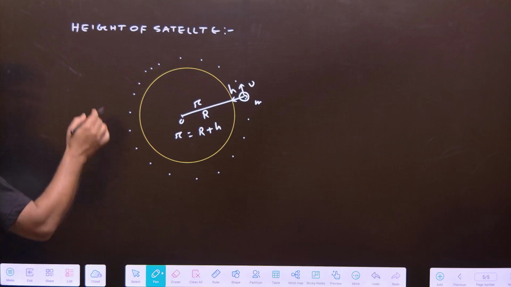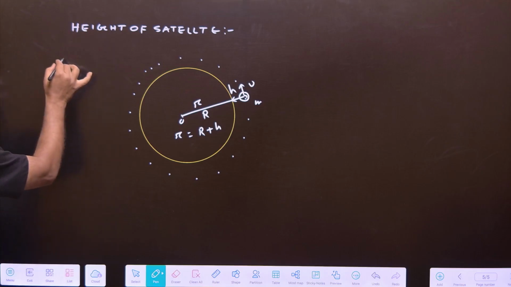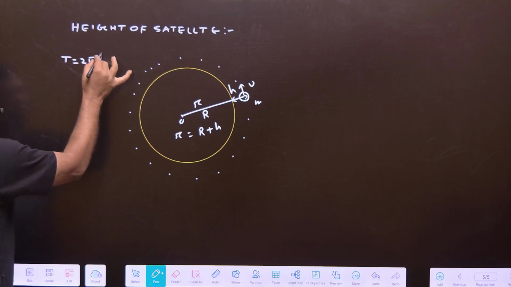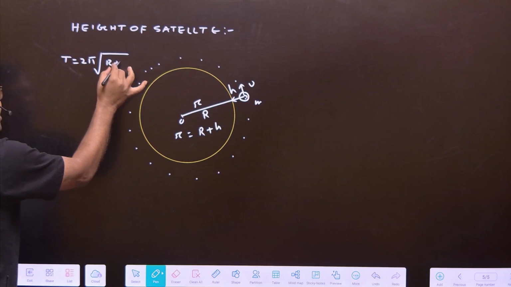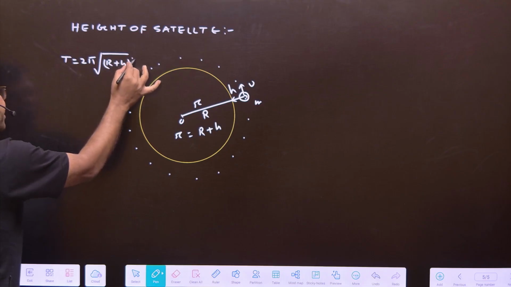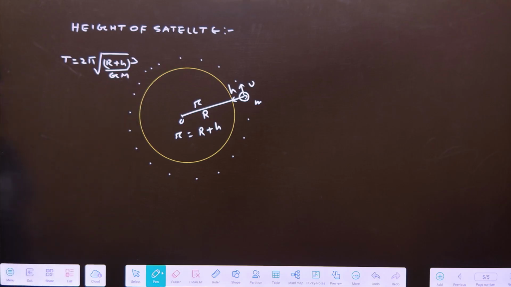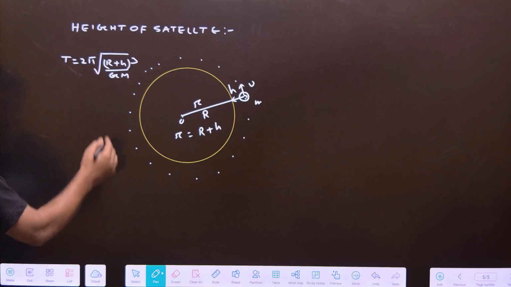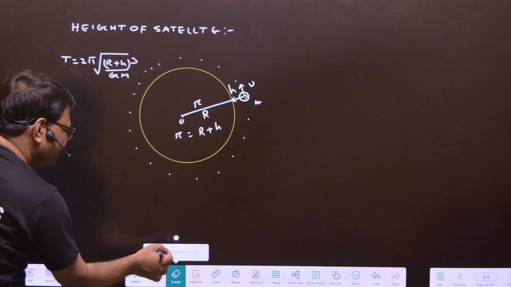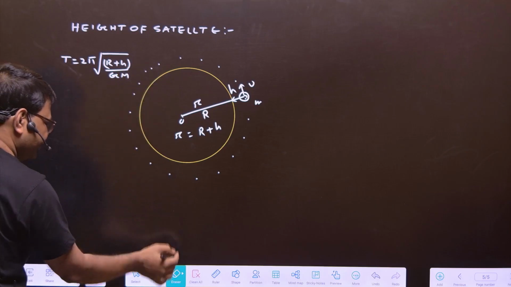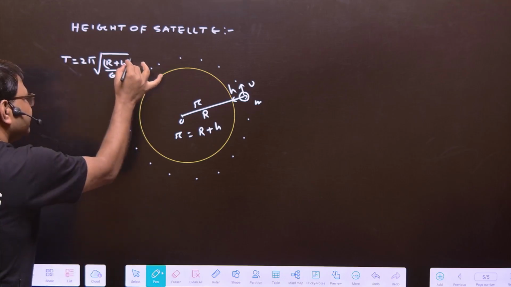So the time period of the satellite we had got here: 2 pi root over of (R plus h) cube divided by GM. We had got the actual formula like this, (R plus h) cube. Okay.